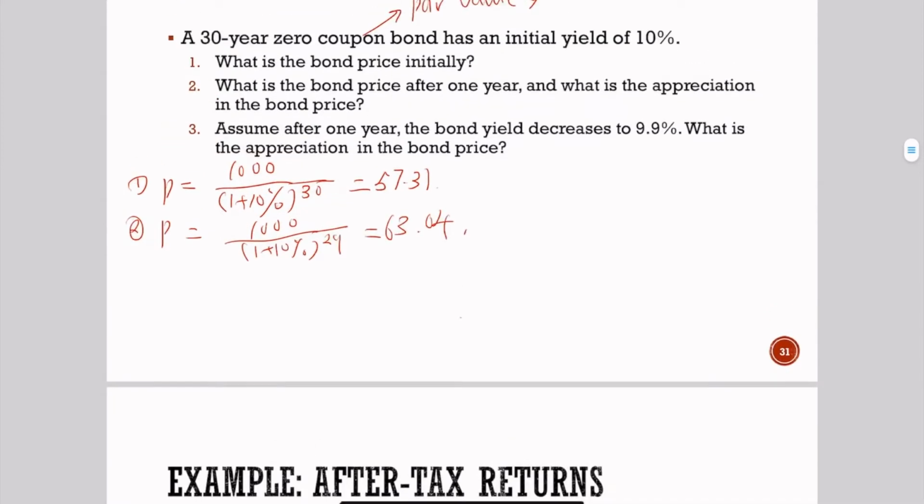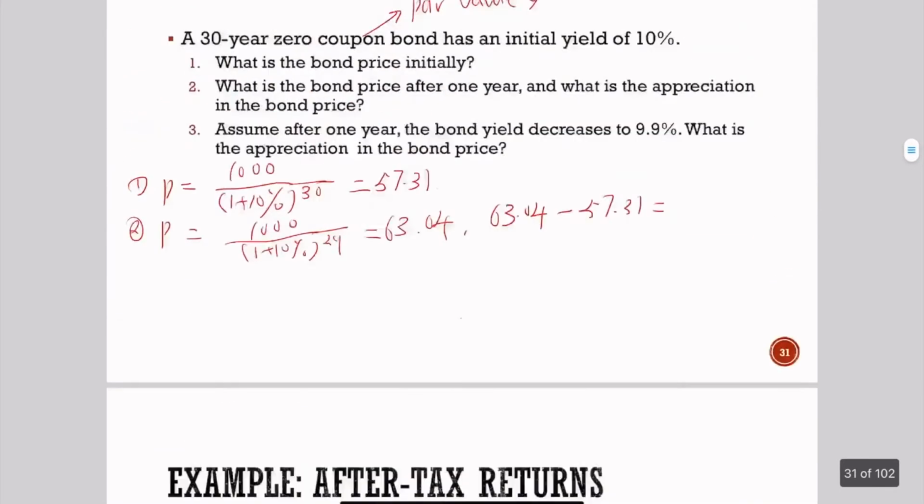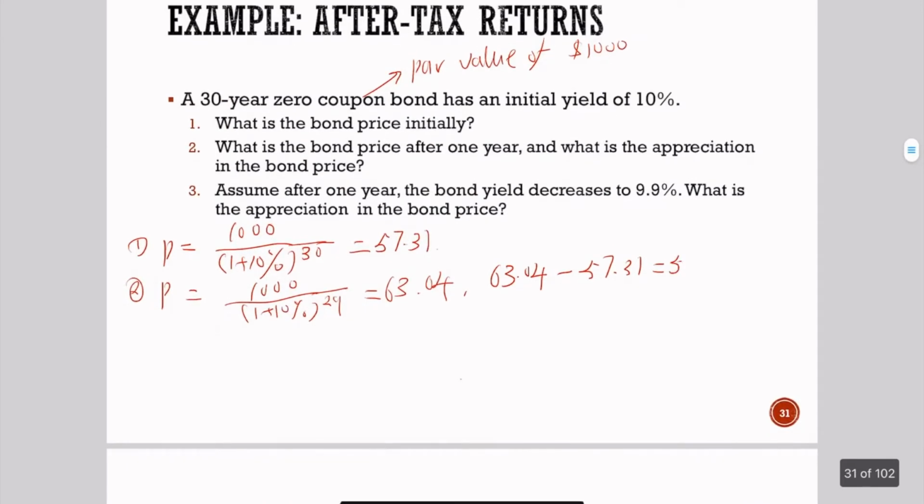And you can see that here the price appreciation is 5.73. And this built-in price appreciation will be taxed as interest income.